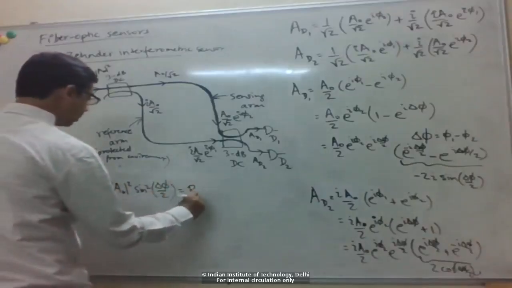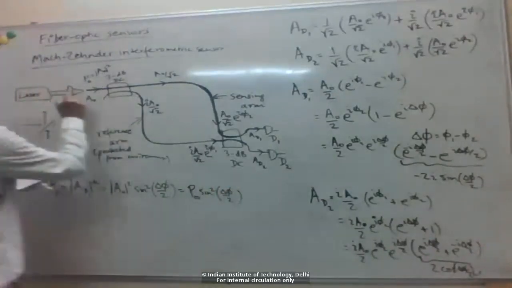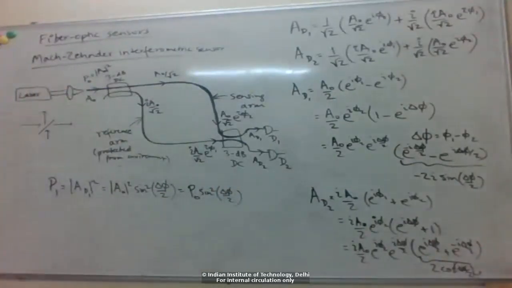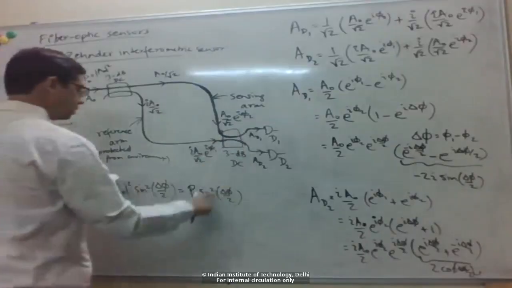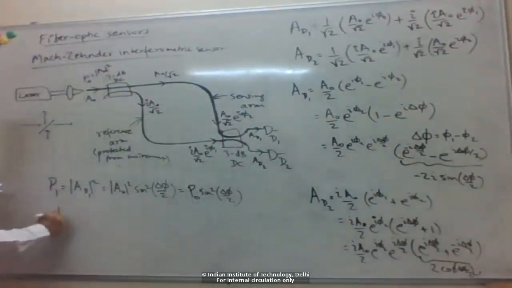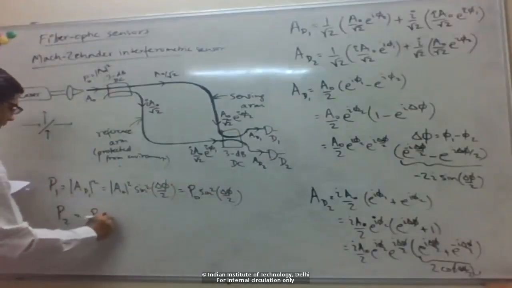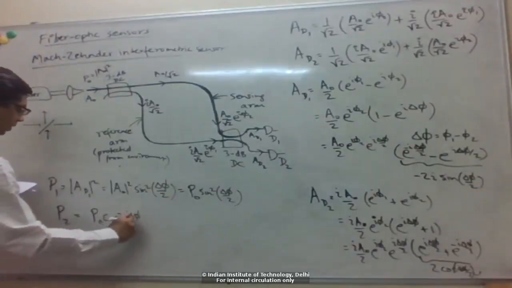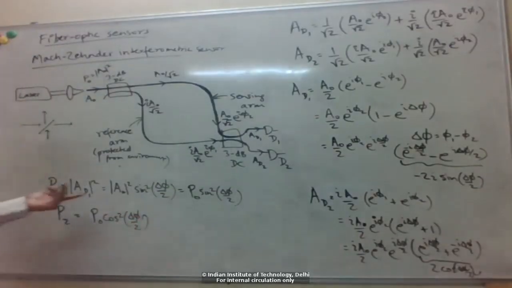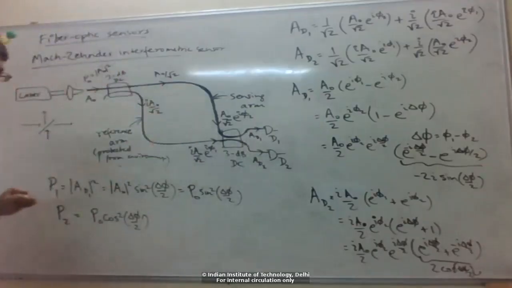Mod of A_0 squared is basically the input power from the laser. So the power in detector 1 is the input power times sine squared of the phase difference by 2, and similarly the other detector you can check is P0 cosine squared delta phi by 2. And again P1 plus P2 has to be equal to P0 because there are no losses anyway.